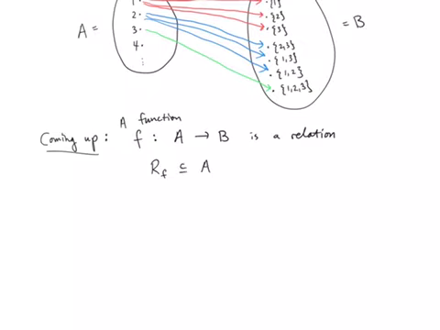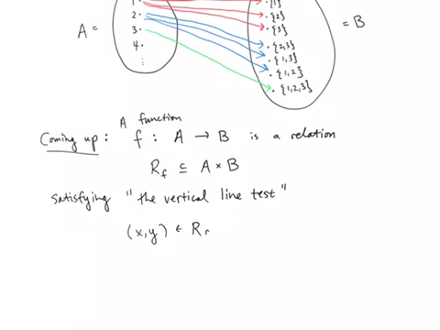So the function is just described by certain pairs in A cross B. So all the information in a function is just contained in the set of pairs that tell you what the output in B is for a given input in A.